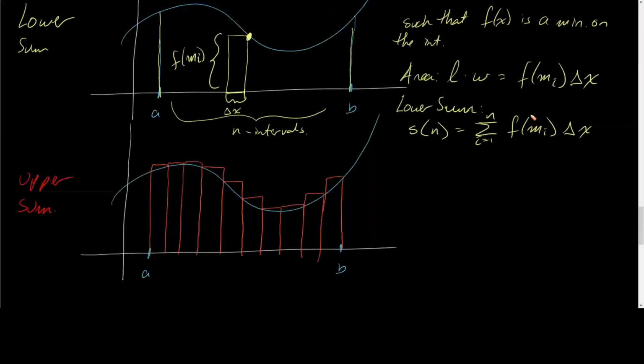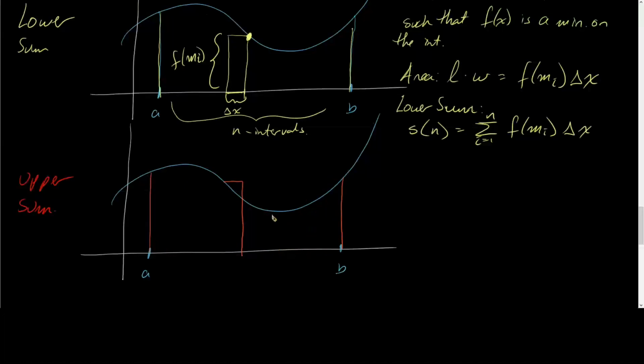The upper sum would be very similar. It's essentially the same idea. So perhaps I'll just keep the same rectangle there, the one that corresponded to the same piece on the drawing. We're talking about this rectangle now.